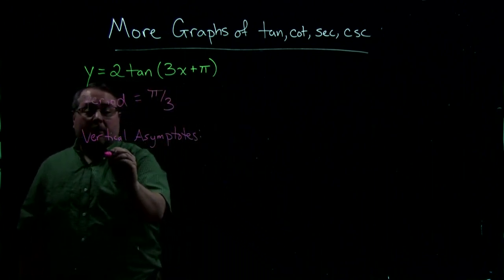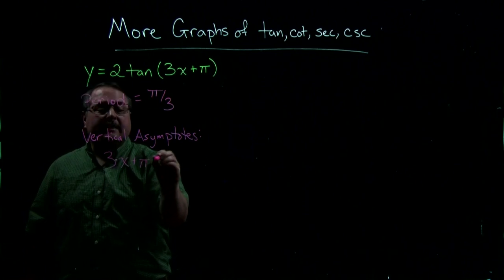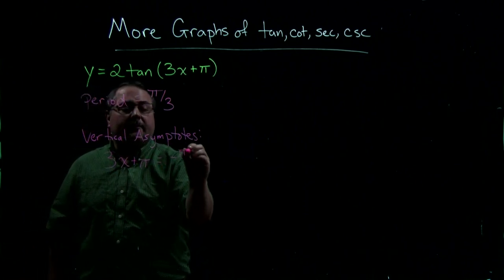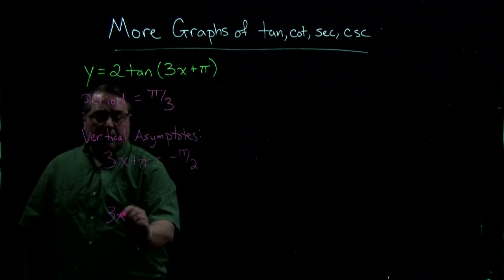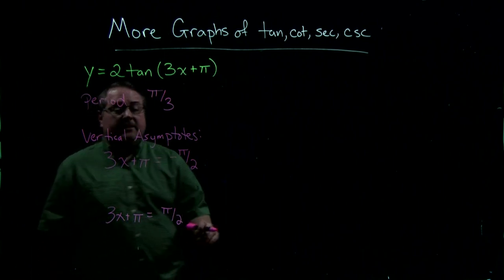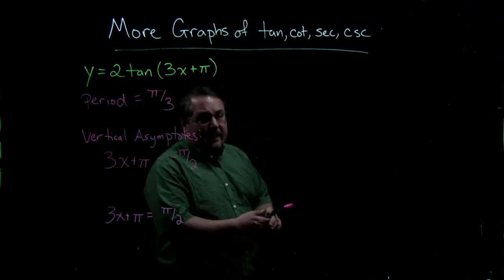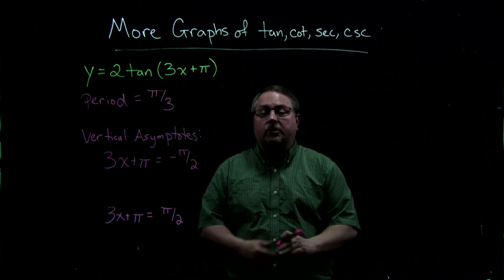So now we'll have vertical asymptotes when 3x plus pi is equal to negative pi over 2, and when 3x plus pi is equal to positive pi over 2. That's going to be two of our vertical asymptotes. This is going to give us what's sometimes called the principal cycle for the tangent graph.